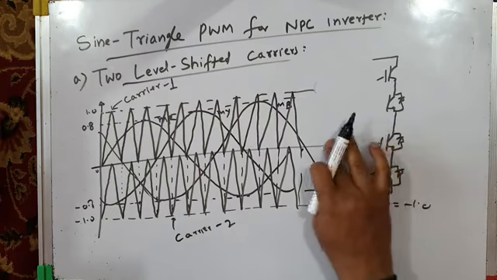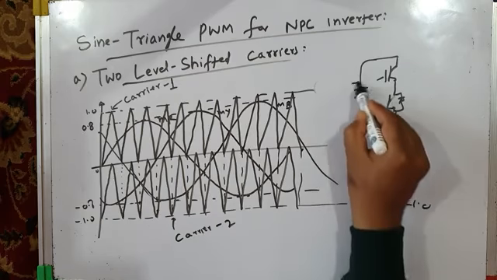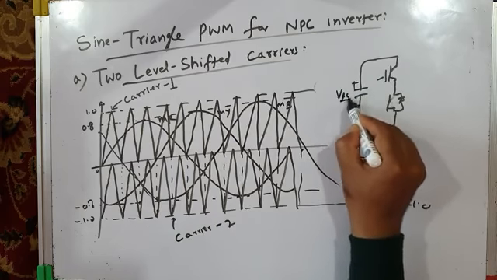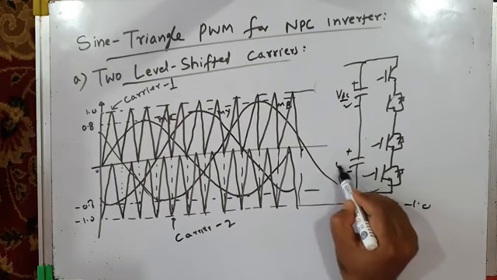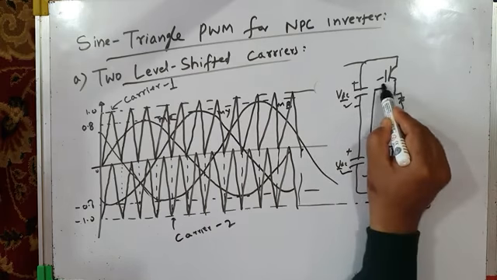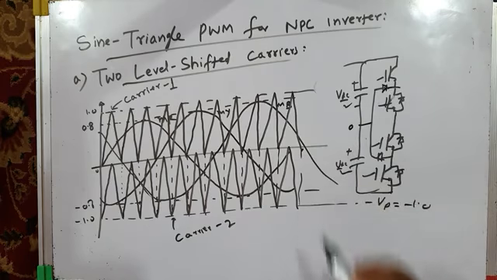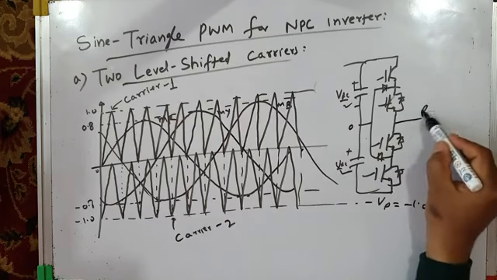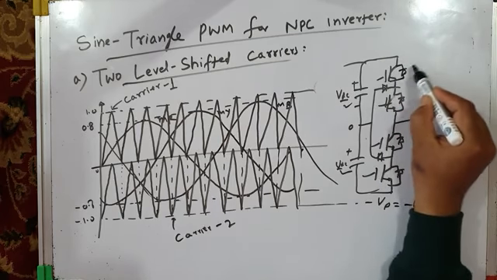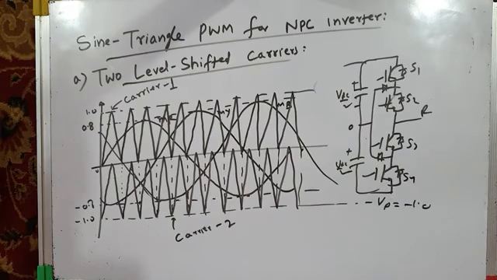And this is our plus VDC by 2 and VDC by 2, and these are clamping diodes like this. This is 0. This is, say, for example, S1, S2, S3, S4.